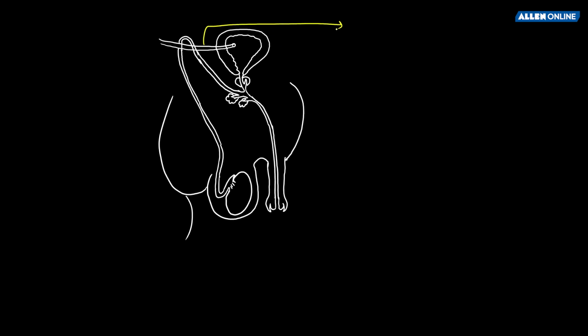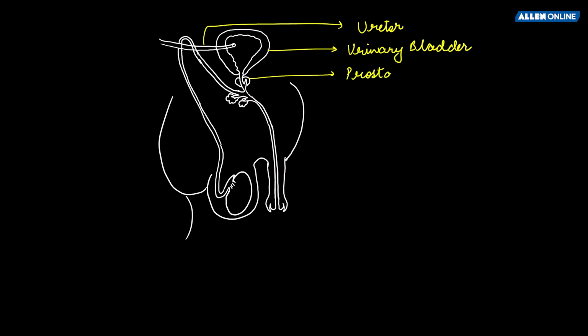This we will label as ureter. Then the urinary bladder. Then we will label this gland as the prostate gland. Seminal vesicle.